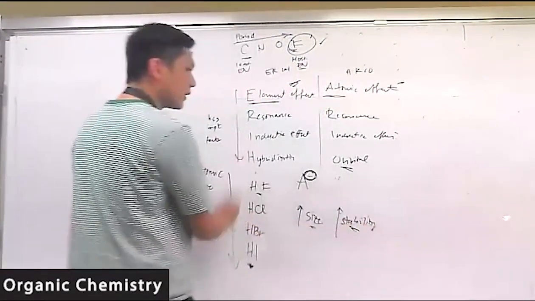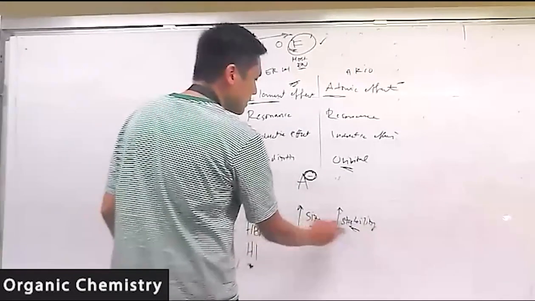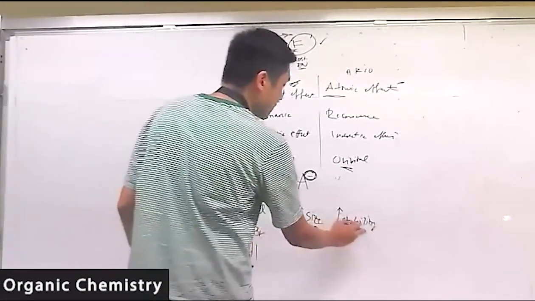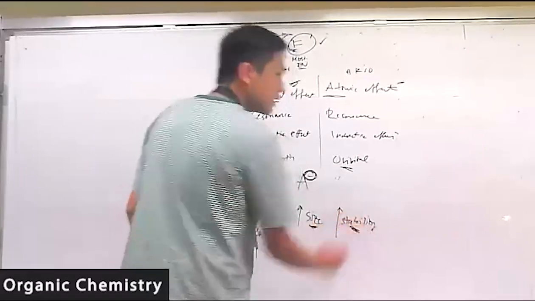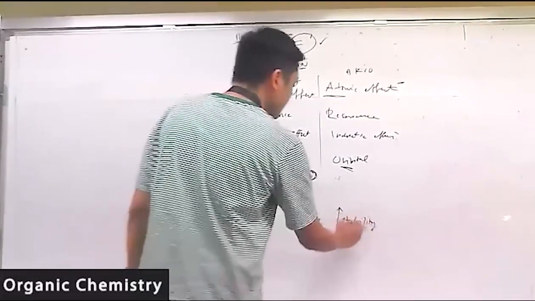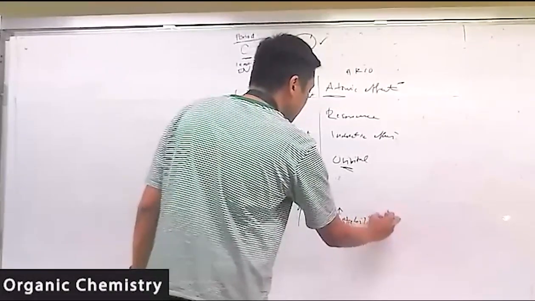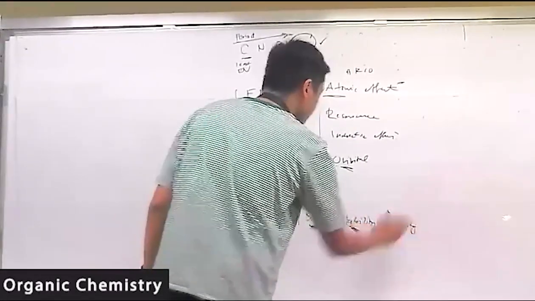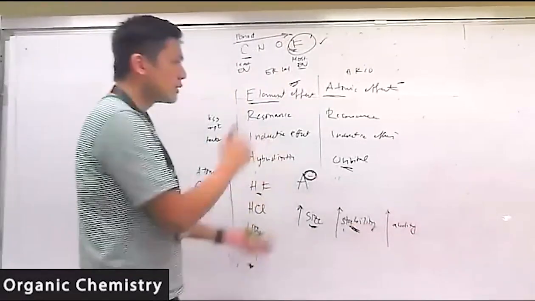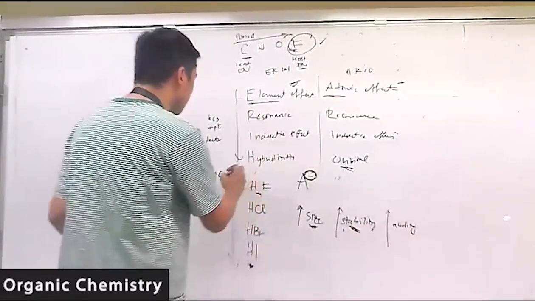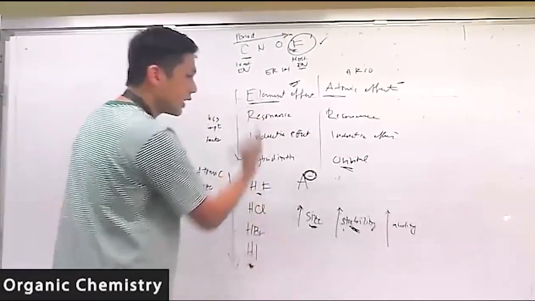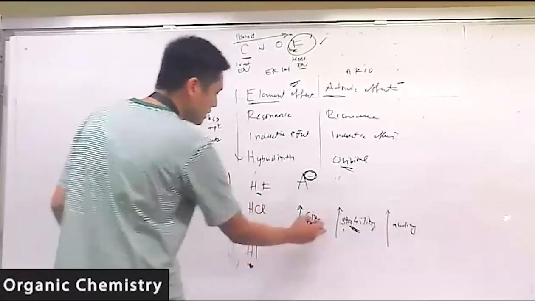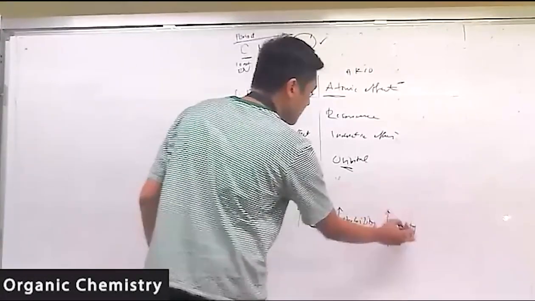So down a group, we look at size, and as size increases, stability increases. And what do we say when stability increases? As stability increases, acidity also increases. Hence, this explains the trend that we see as we go down a group. Size increases, stability increases, acidity increases.